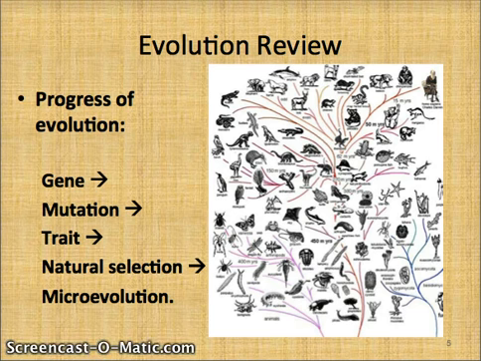It's the trait that they create. If the trait is non-beneficial, if it doesn't help the organism, that trait will disappear. If it does benefit the organism, makes them stronger or healthier, then that organism will become more successful. They'll get more food, they'll be healthier, they'll have more mates, and so on.